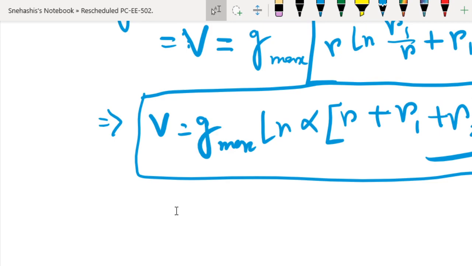Why? Because of non-availability of materials with widely varying permittivities, like epsilon 1 much greater than epsilon 2, which is hardly possible to find.